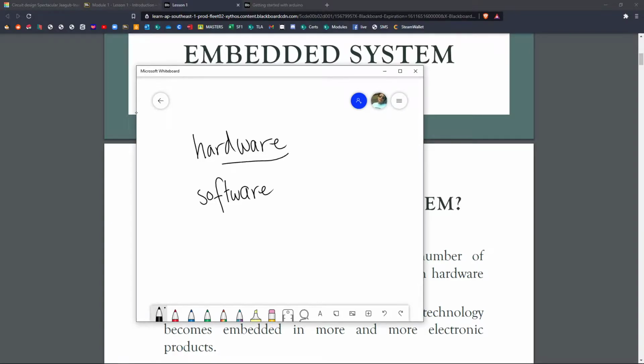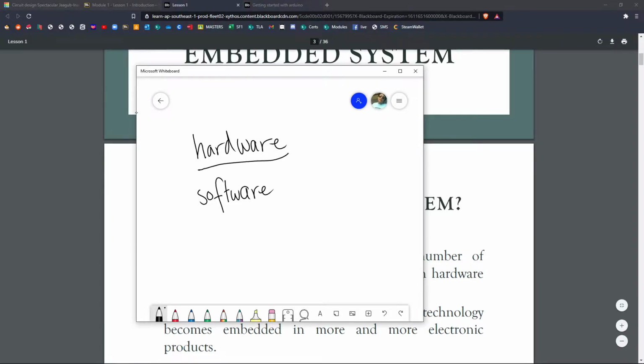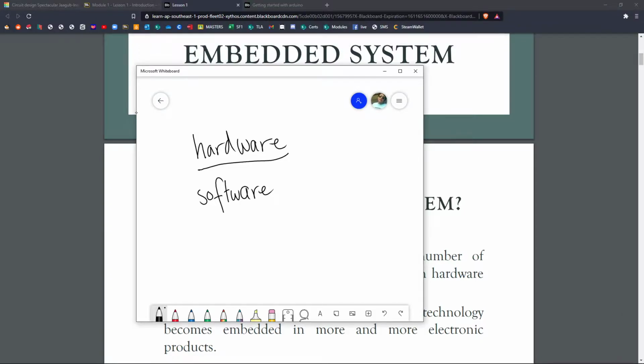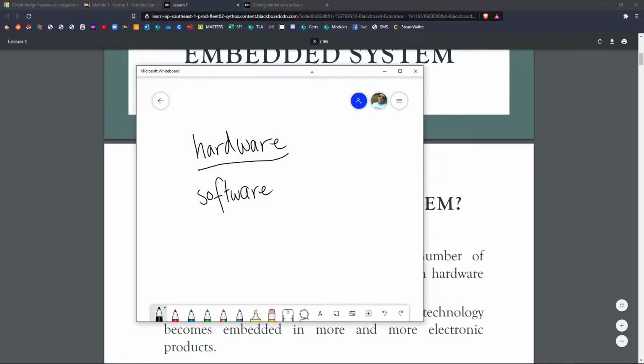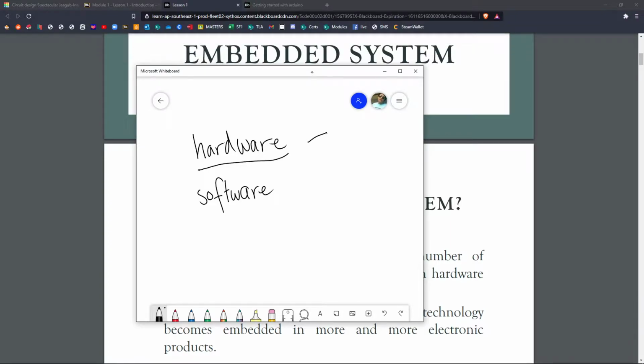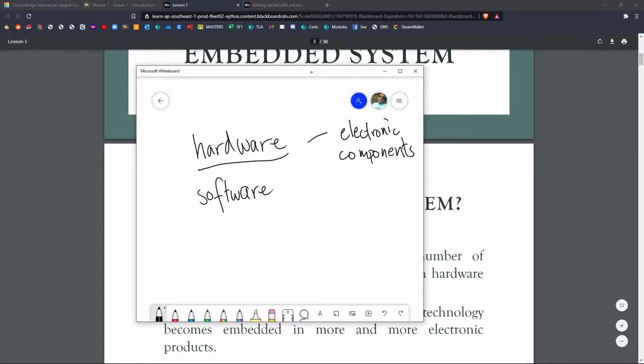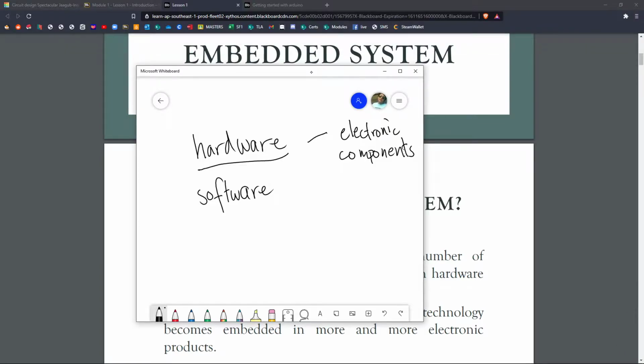When we say hardware, it is usually the tangible parts of an embedded system. Usually the electronic components of our system, the diodes, transistors, capacitors, so on and so forth.